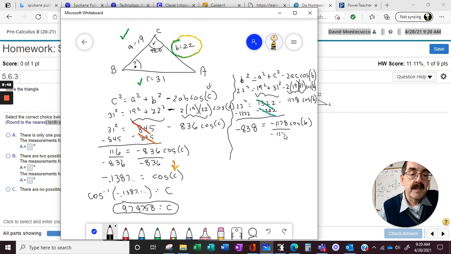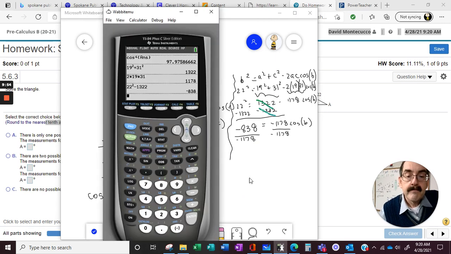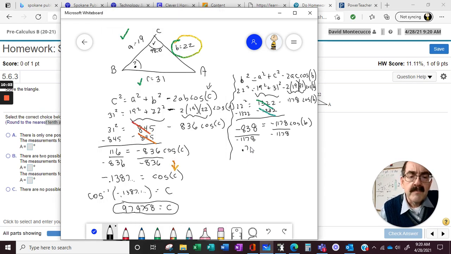Divide both sides by negative 1178. Divided by negative 1178, 0.71137 equals cosine B. Again, the key here is we've got to get in here.